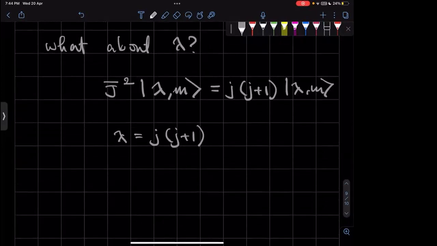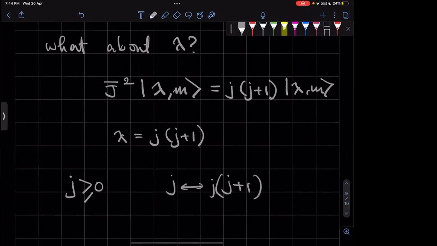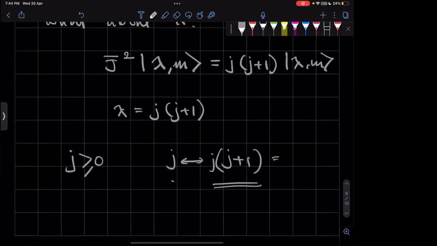Now, because J is a positive number, a positive half integer, if I give you J, you can work out what J(J plus 1) is, and vice versa. If I tell you this is the J squared eigenvalue, you can just use this formula to figure out what J is. Solving this equation has unique positive solutions.